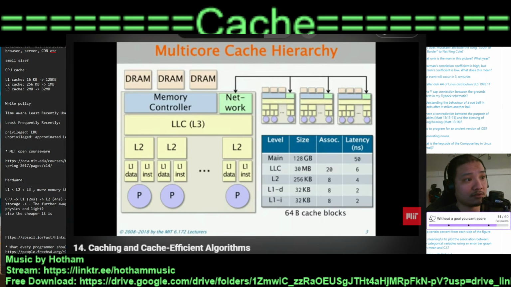Six nanoseconds. And to go to main memory, it takes 50 nanoseconds. Right. Okay.